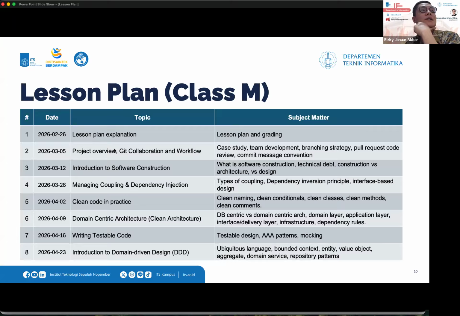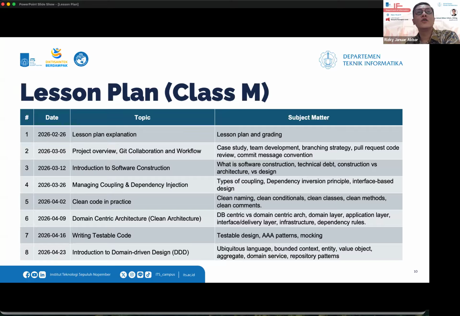And then we'll start the software construction in the third week. So, introduction to software construction. I will explain to you what software construction actually is, the characteristics, what activities are included in this phase. I'll talk also about technical debt, and then the differences between the construction phase, the architecture phase, and the design phase.